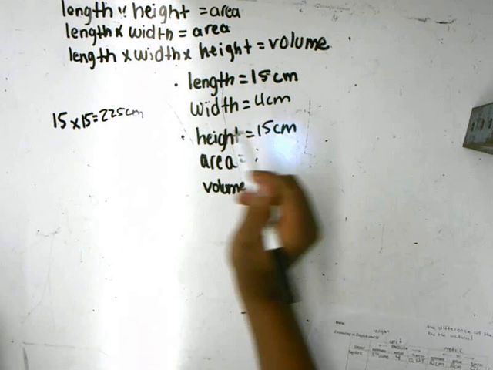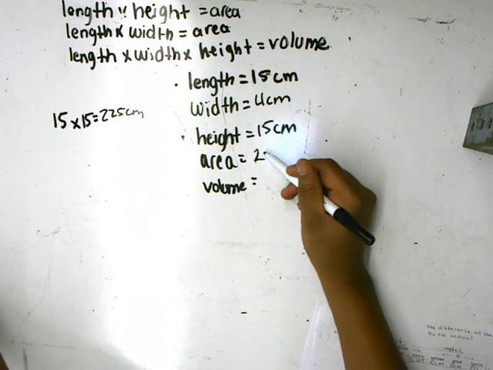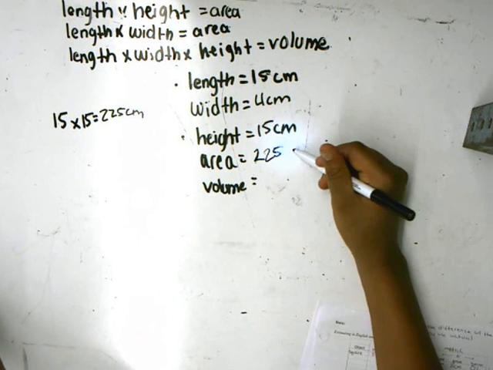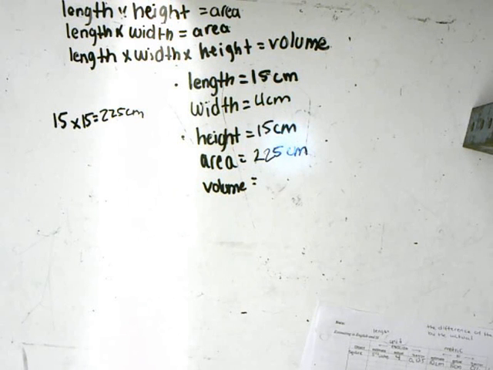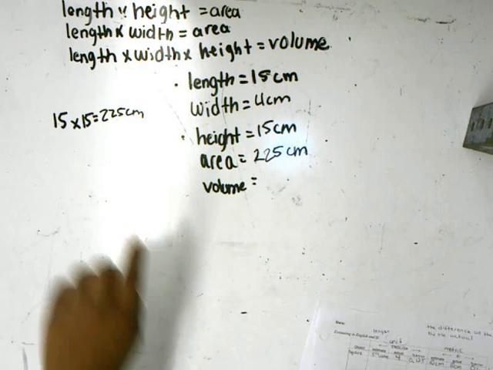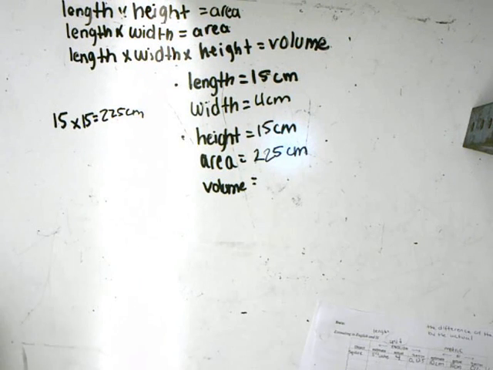Now to find the exact volume of this object, I'm going to take the length times width times the height. So my length is 15 times 4, and I'm going to use my calculator, and that equals 60.